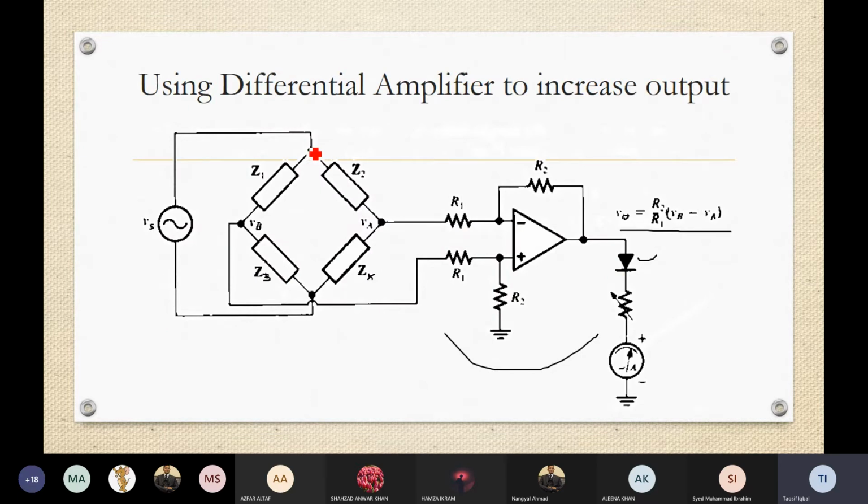So similarly, we can again use a differential amplifier to increase the smaller variations, and with that we can increase the sensitivity of the balancing, so that the accuracy is higher when we find the unknown value of the impedance.